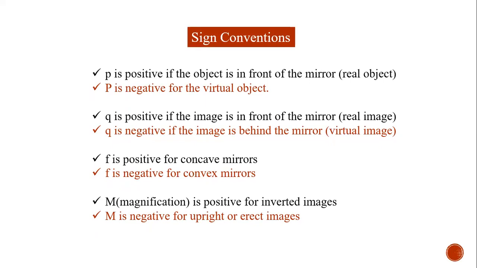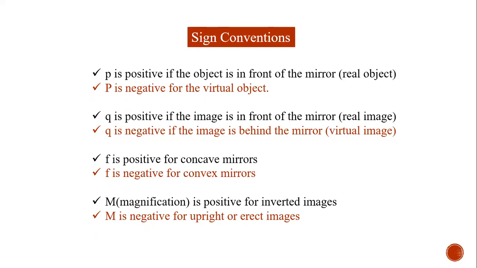So the first sign convention is that every distance must be measured from the pole. The second is that P is positive for real objects and negative for virtual objects. Similarly, Q is positive if the image is in front of the mirror, and negative if the image is behind the mirror. Again, real and virtual.